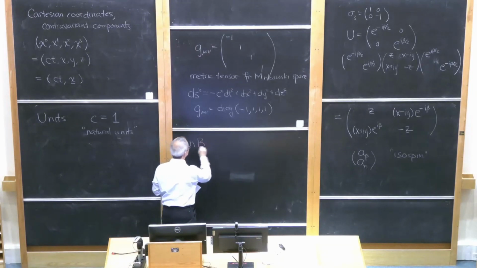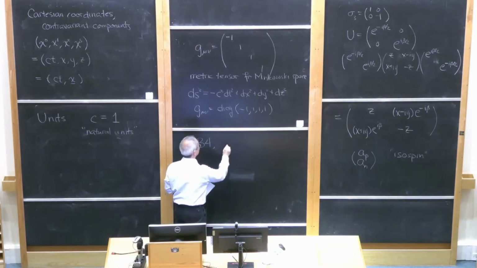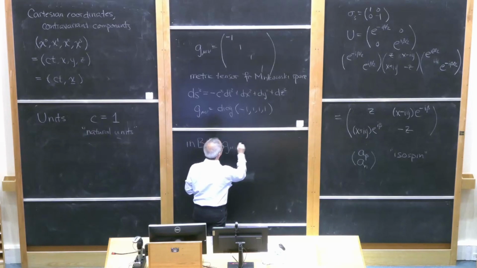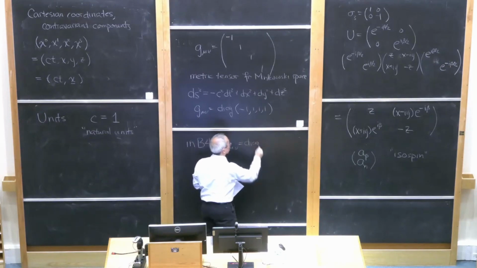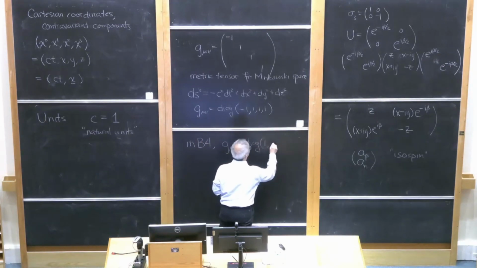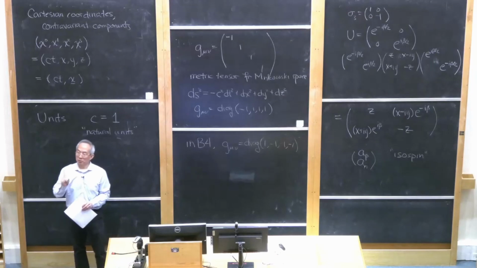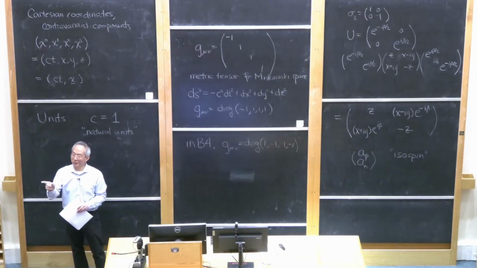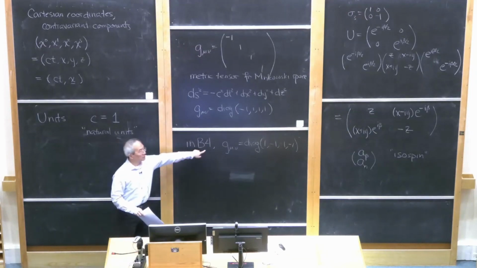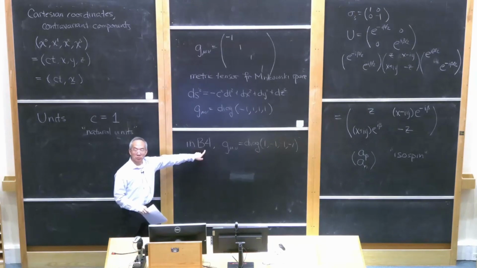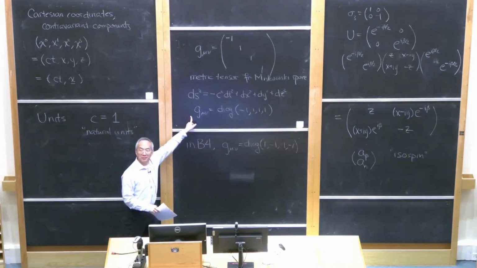In courses like B4, g mu nu will be opposite. So between 11 a.m. and noon, for the rest of this term, this is true. From noon to 1, and basically all other time, unless you're a particle physicist, this is true.